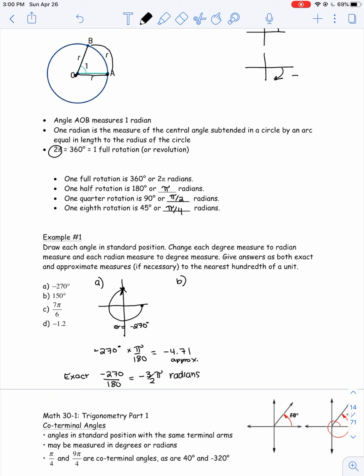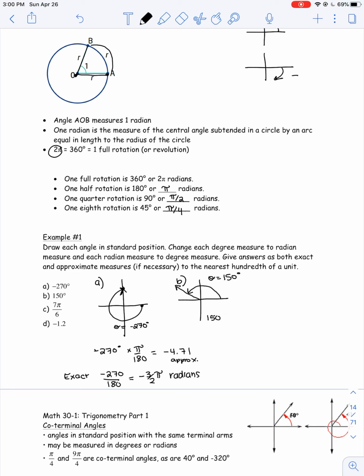And we're going to repeat that for B, C, and D. B is 150, that's going counterclockwise, so this would take you to 90. And then if we continue, it's going to stop right here approximately, and so our terminal arm will be here. So this angle is equal to 150 degrees.